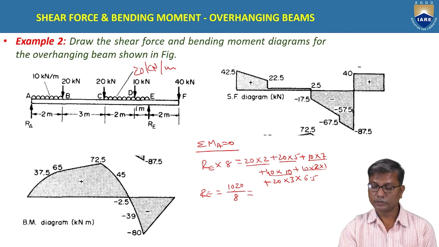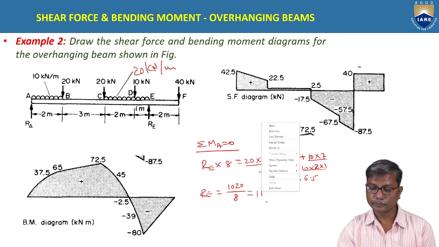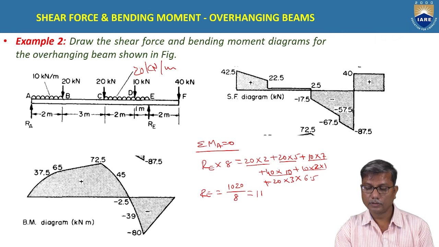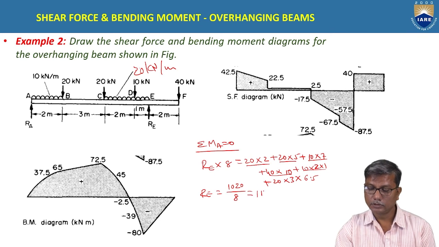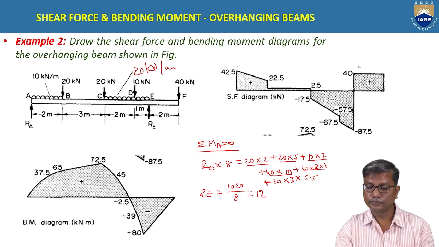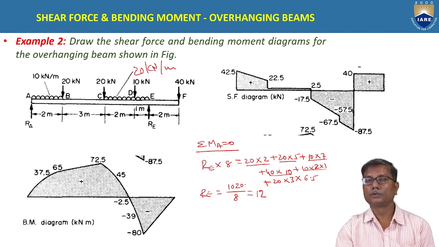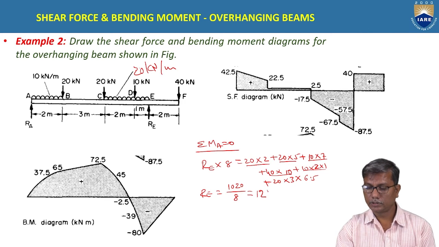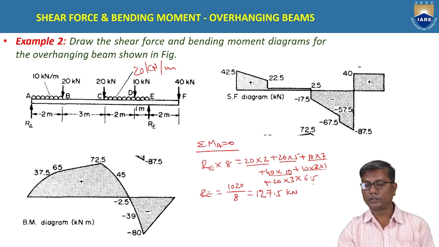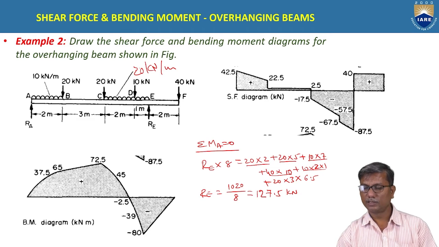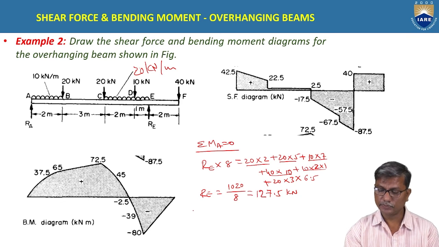So it gives 127.5 kilonewtons. Okay, RE is 127.5 kilonewtons.